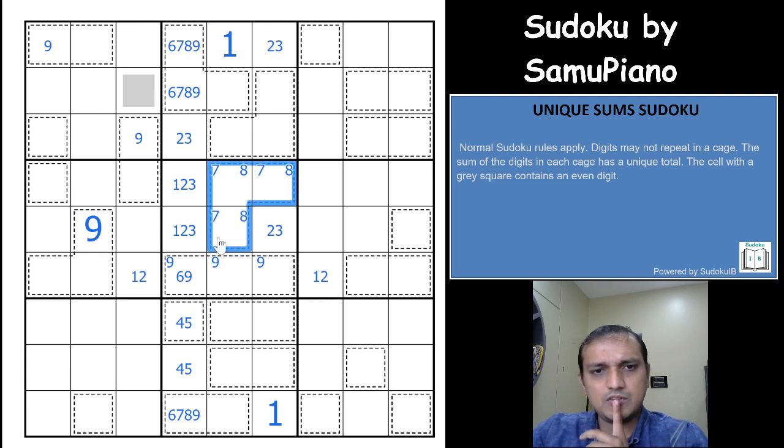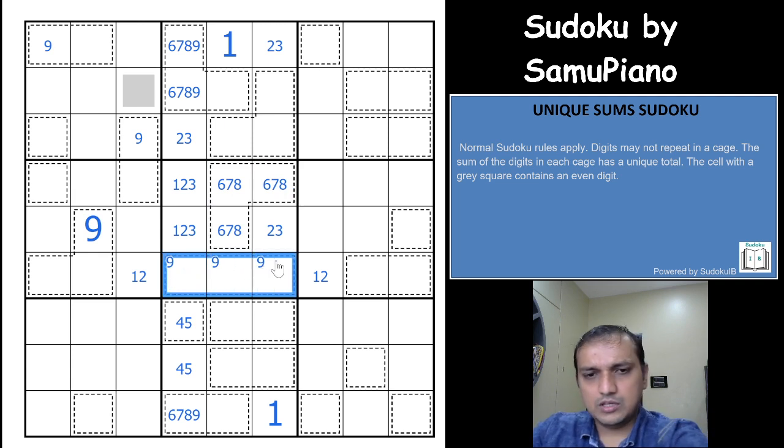Amazing. 7 and 8, 15. It has to be 21, so it has to be 6 again. So 6, 7 and 8, that's nice. So it has to be 4, 5 and 9 to get the 18 sum.